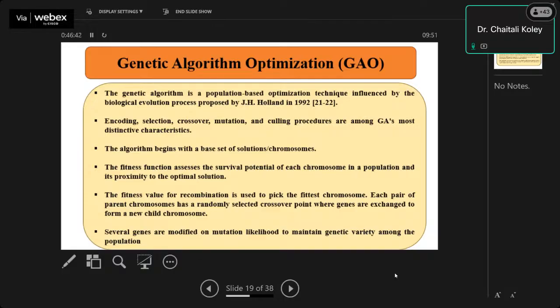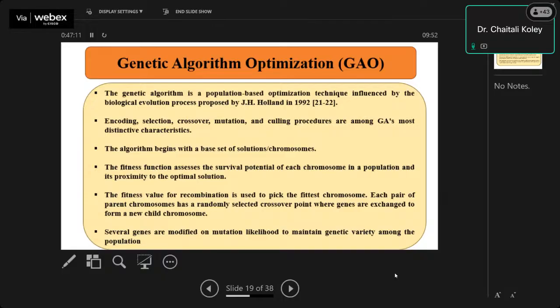The genetic algorithm simulates the process of natural selection: species that can adapt to changes in their environment easily survive and sustain within the environment, and can go on to the next generation.